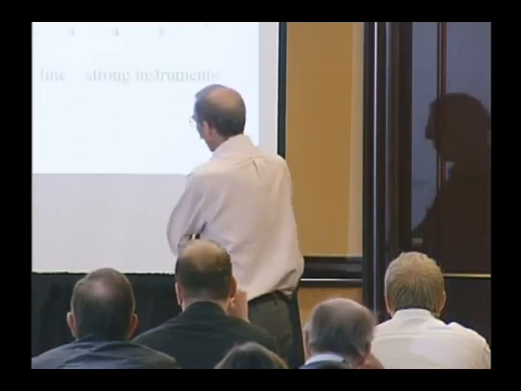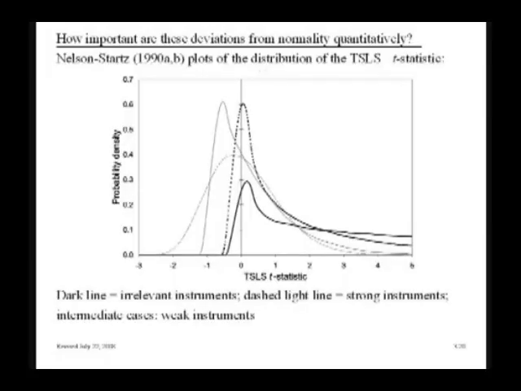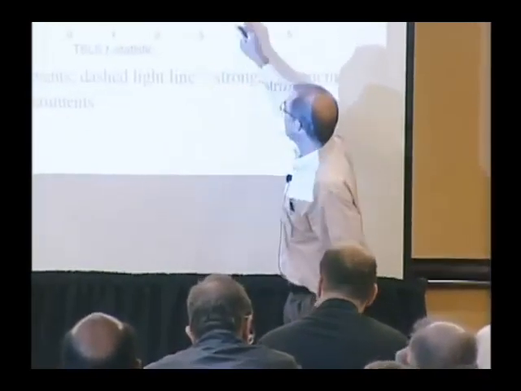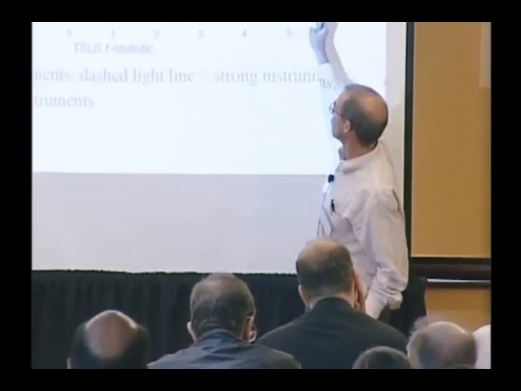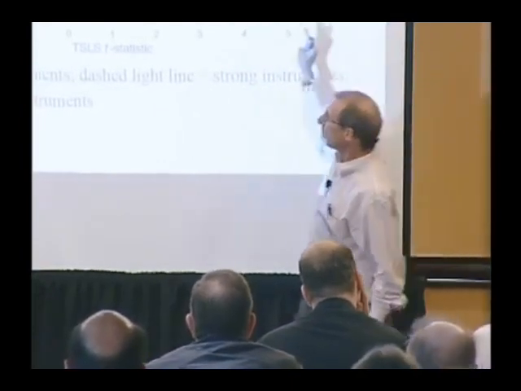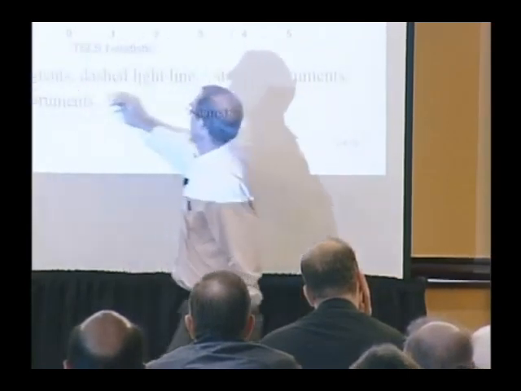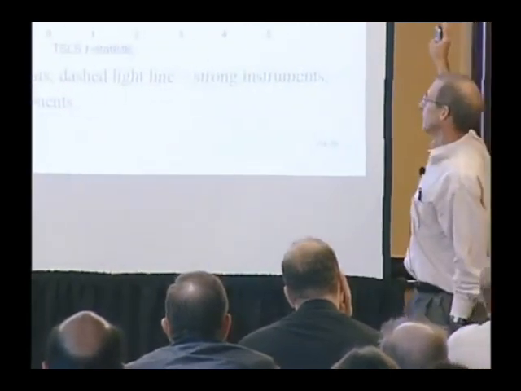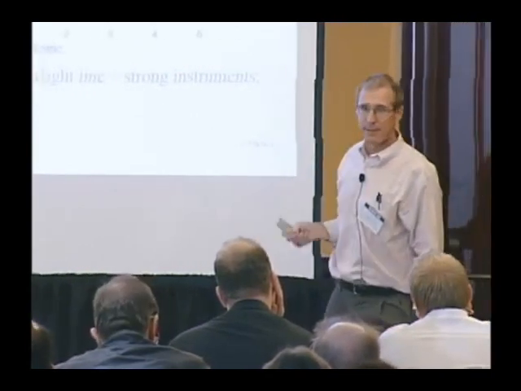Okay, so one approach is you could take a distribution like this, and say, I don't know mu squared, but I could look over some large range of mu squared, and I could take a worst case critical value here and a worst case critical value here, and then I could use that for my inference. But as you can see from the two-stage least squares t statistic, that's going to give you really idiotic critical values. You'll reject for minus 1.96 or something, but the other one up here is going to be plus 10 or something like that. So that would be one approach you could use for testing, but it's a bad idea.